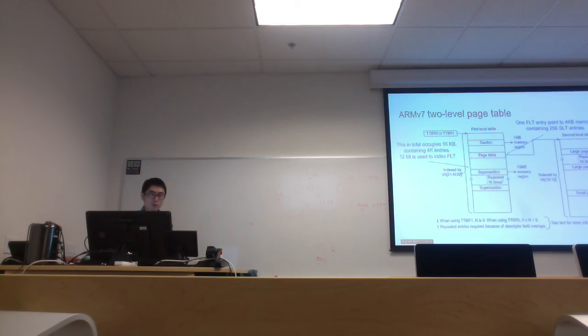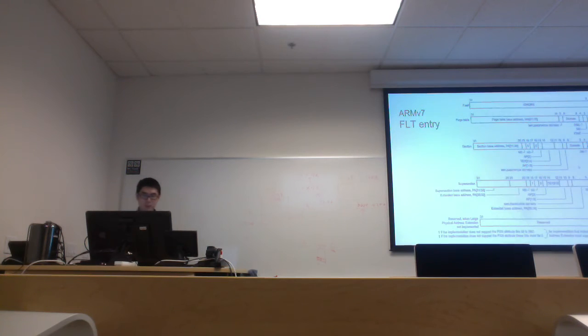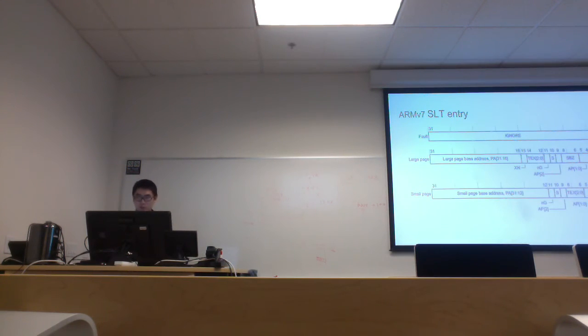It contains more entries. The benefit is that on the second level table, you can have fewer entries. Here, only 256 entries on the second level. We would not go through this in detail, only mention a few things.